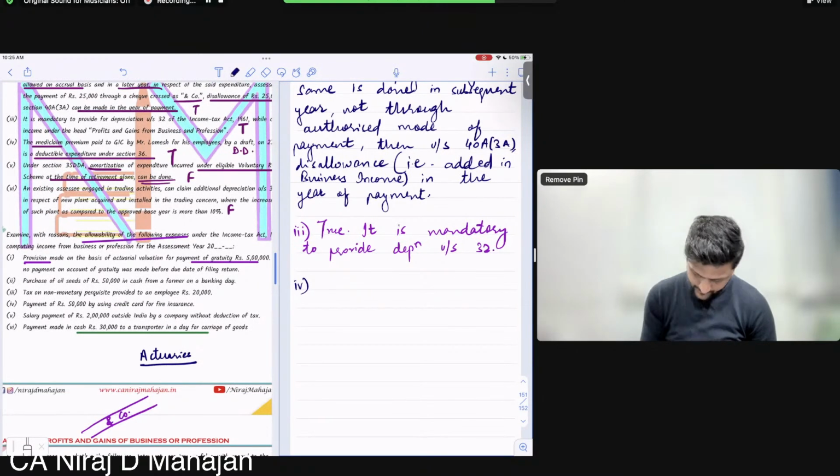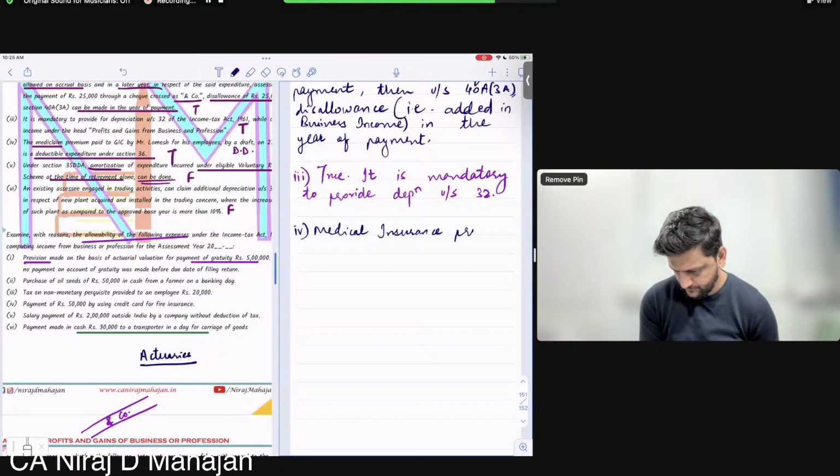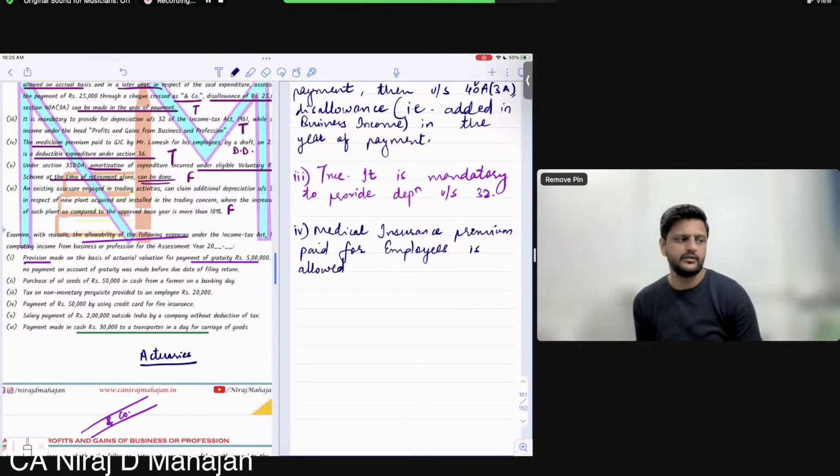So that medical insurance premium paid for employees is allowed as deduction. Did you understand why it is exempt in the hands of the employee? 17(2) explanation, remember?